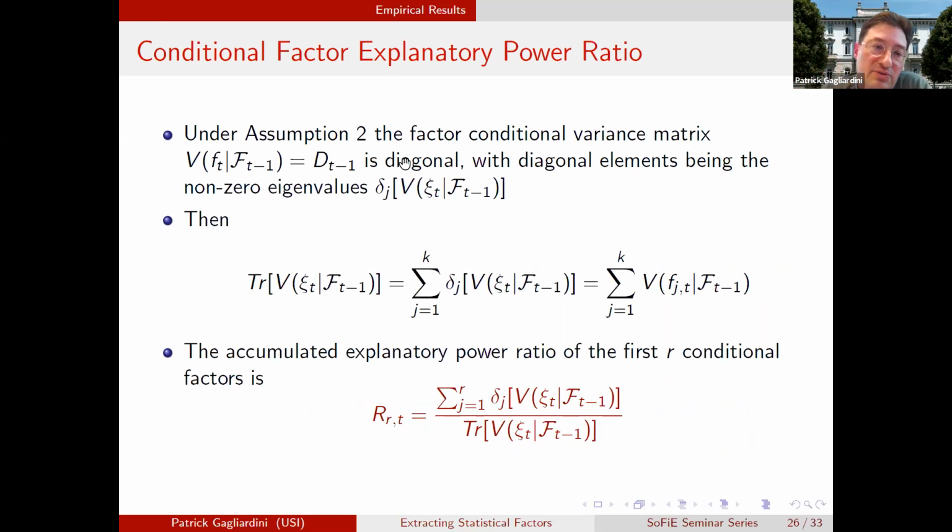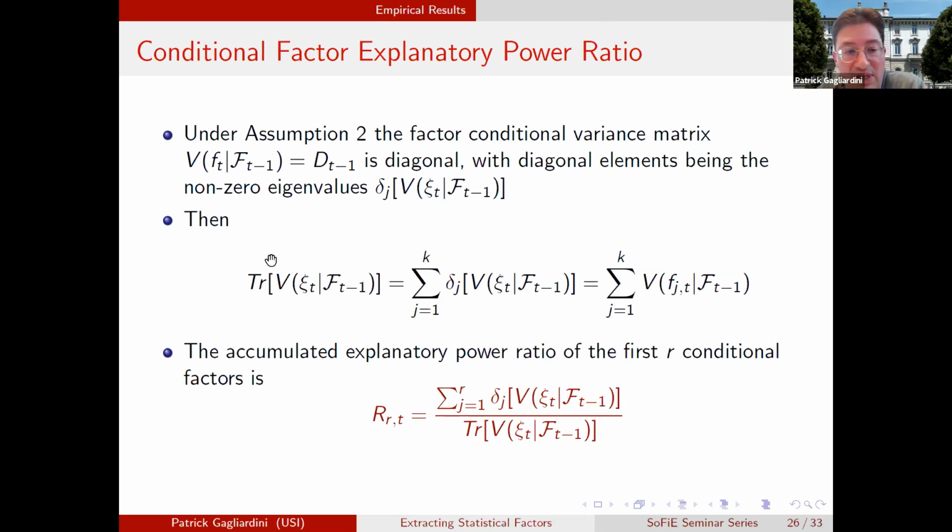If we go back to the normalization of the latent factor space I provided to you in assumption 2, it turns out that it implies that the factors are conditionally orthogonal, and the conditional variances of these factors actually correspond to the ranked eigenvalues of this conditional variance covariance matrix of the portfolio returns.